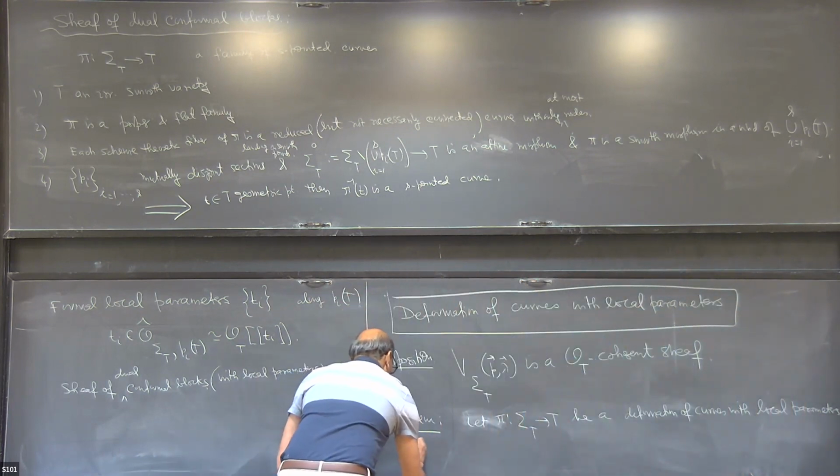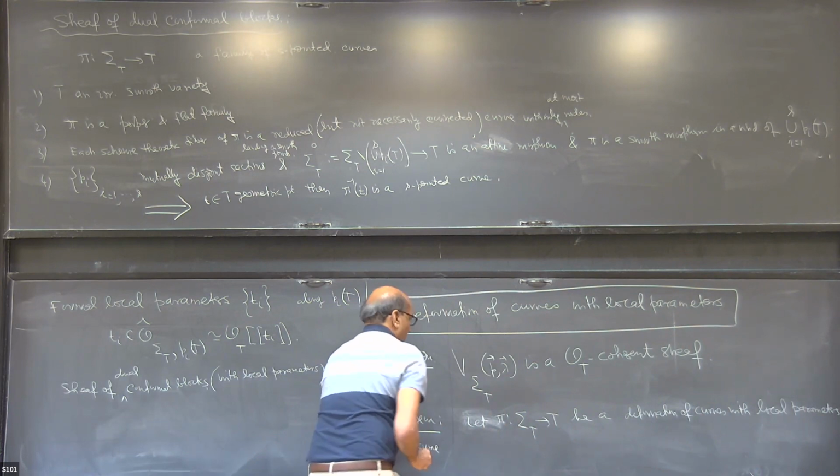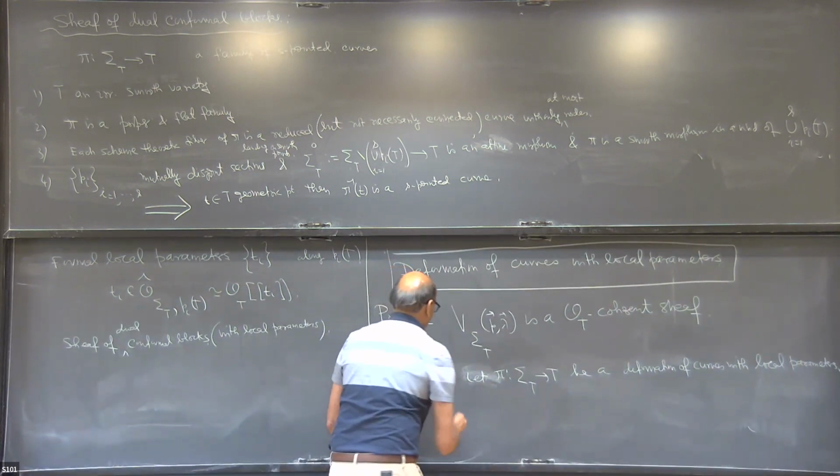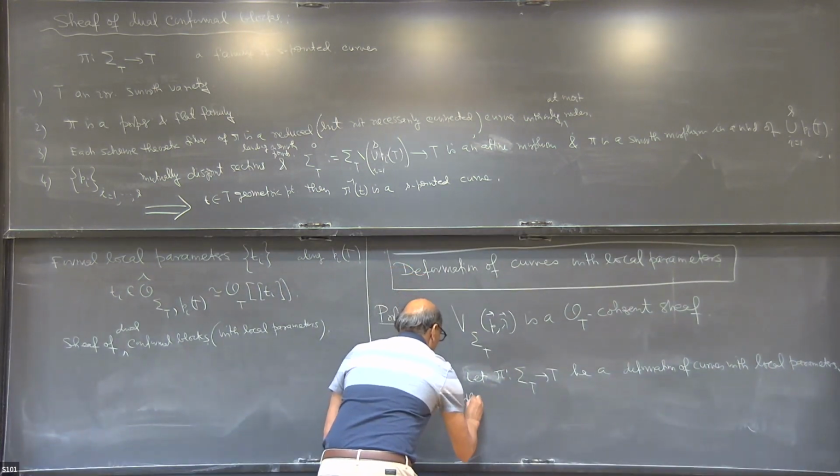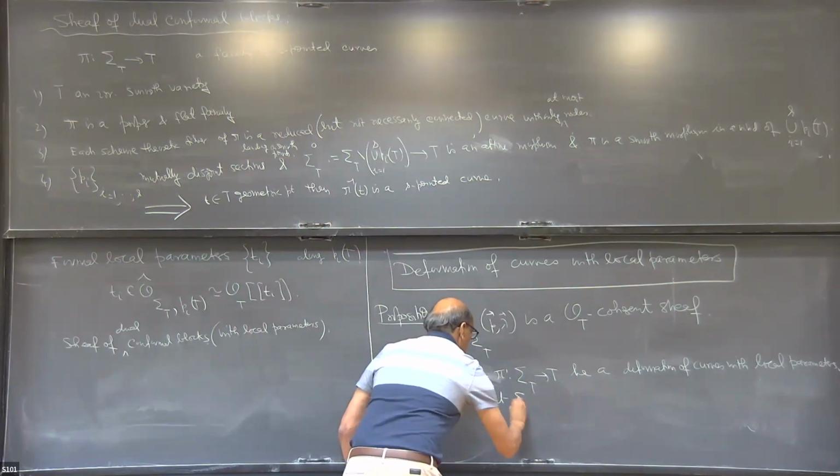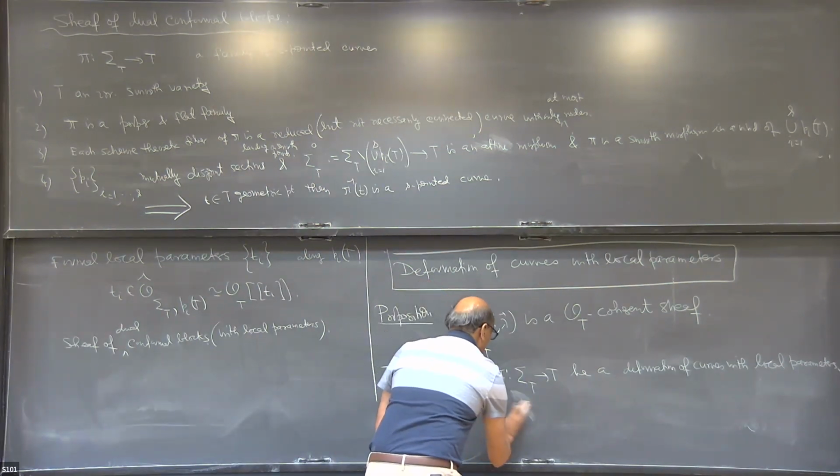Assume further that pi is a smooth morphism.